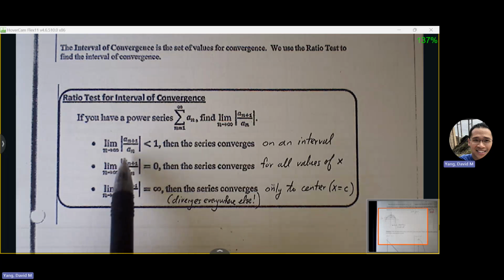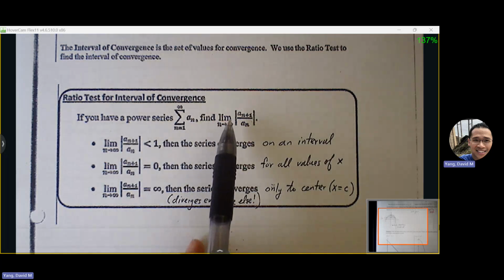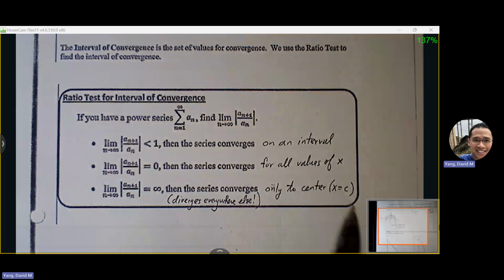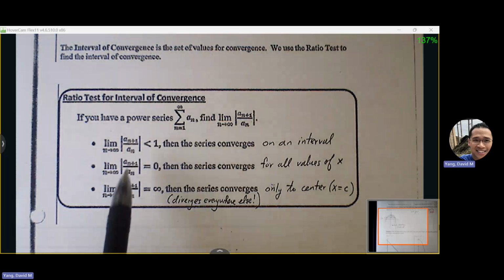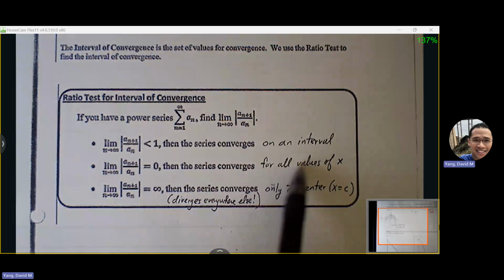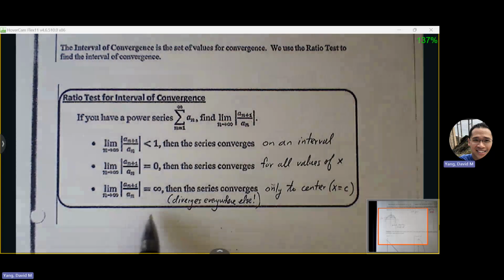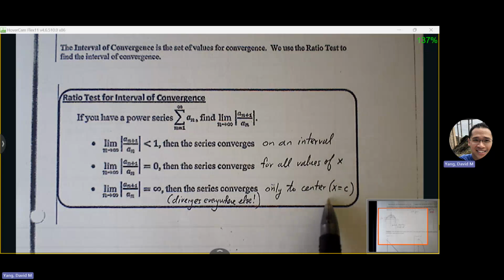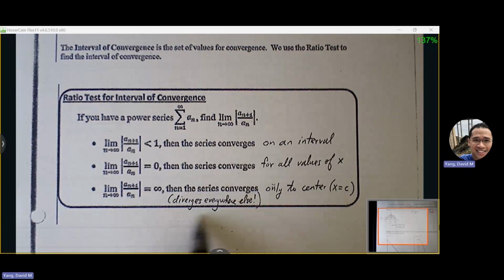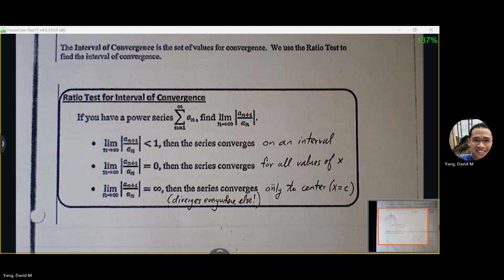But if we're using the rule for power series to see if it converges, then 0 means it's perfect. It matches for all values. And if the limit goes to infinity, the series will converge only at the center. It diverges everywhere else. The power series is not going to match the graph very well. It can only do it at one point.